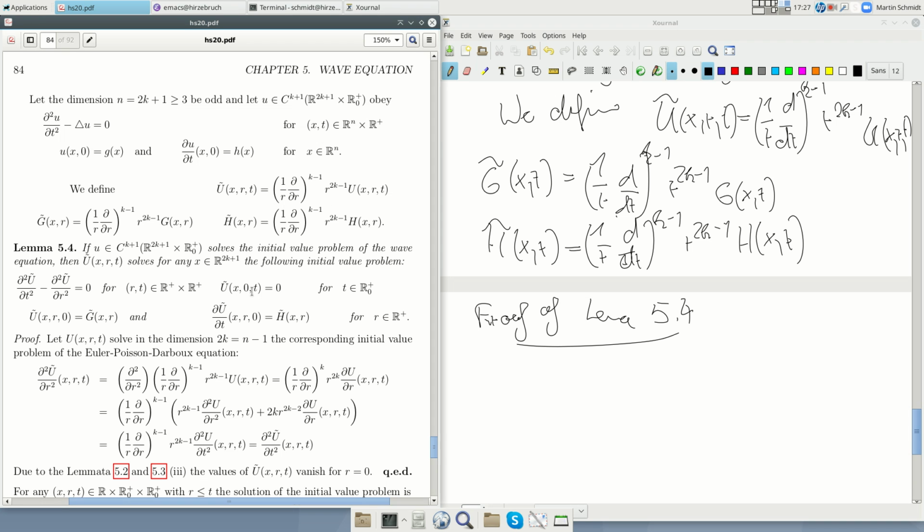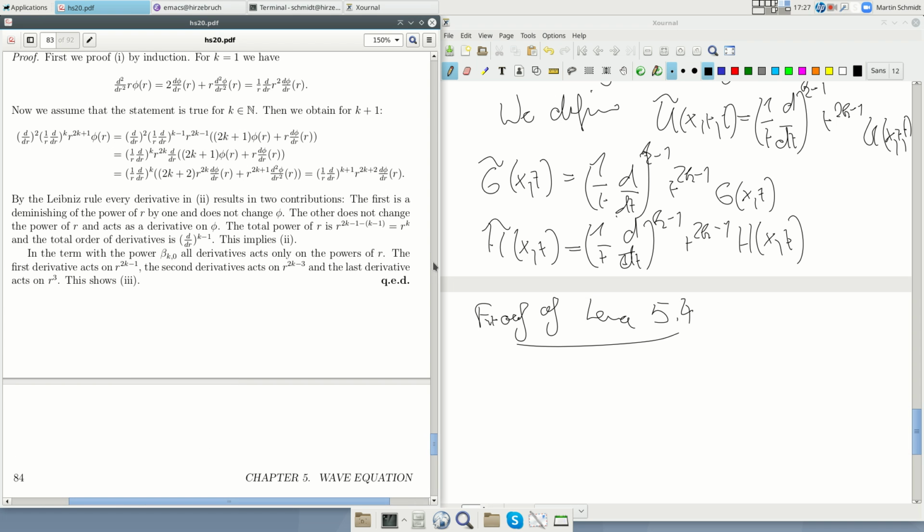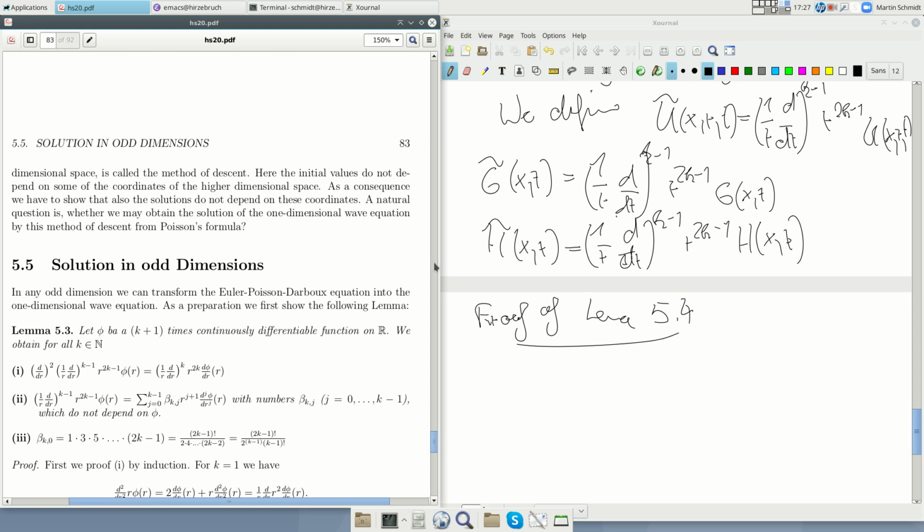Let's start with this point, that this is of this form. For this we use exactly the lemma here. We know that if we apply this operator, then we have powers in r, but the lowest power is 1.